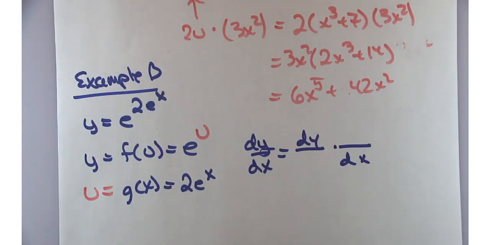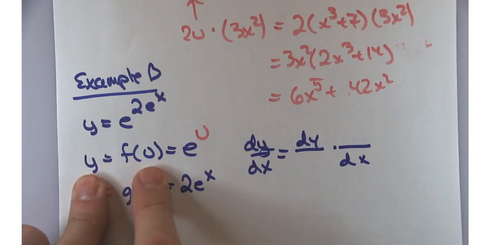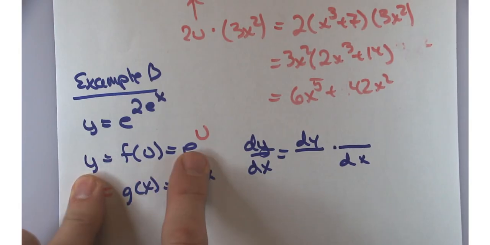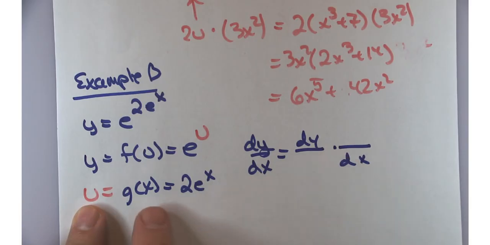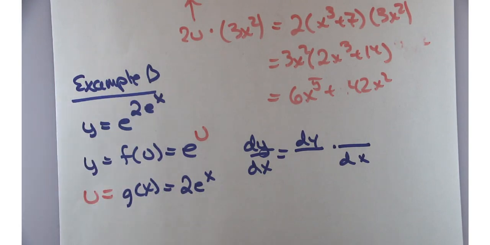You're going to differentiate y with respect to this variable, and then you can differentiate this variable with respect to x. So see if you can't fill in those two things.